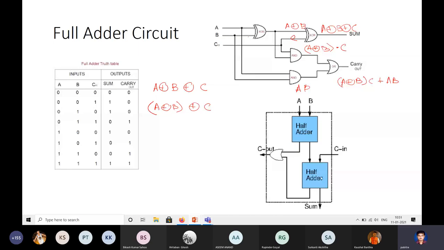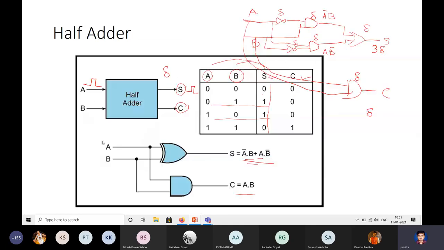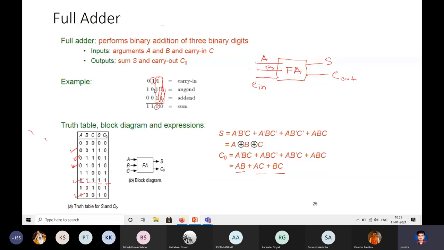It's intuitive from this definition. I have 2 inputs, and I do a half adder of 2 inputs only. I don't have a full adder so that I can add 3. So how do you use that? Let's say I have a half adder which can add 2 things.